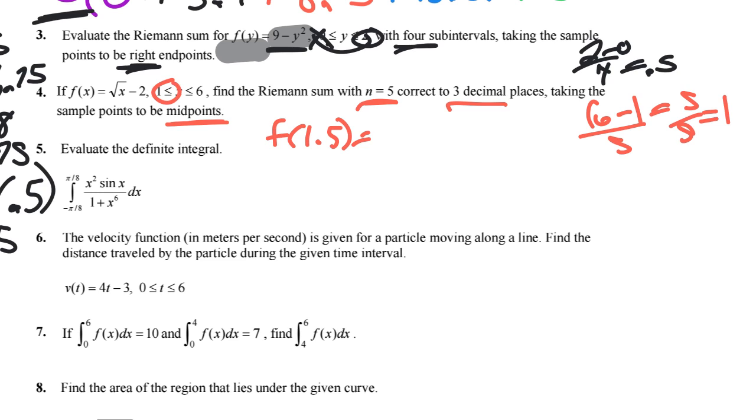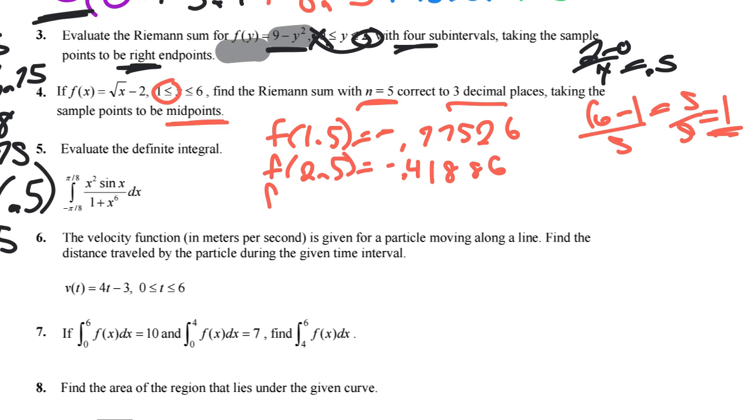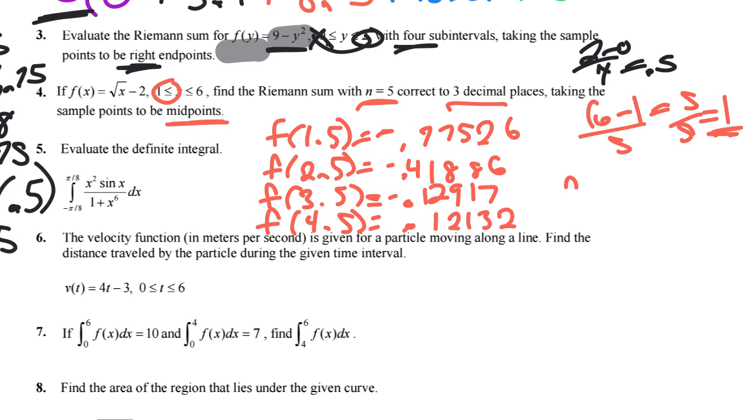And the reason 1 to 2 is because we start with 1. The next interval is 2. And I get a negative 0.77526, f of 2.5, negative 0.41886, f of 3.5 is negative 0.12917, f of 4.5, 0.12132, and f of 5.5, 0.34521.